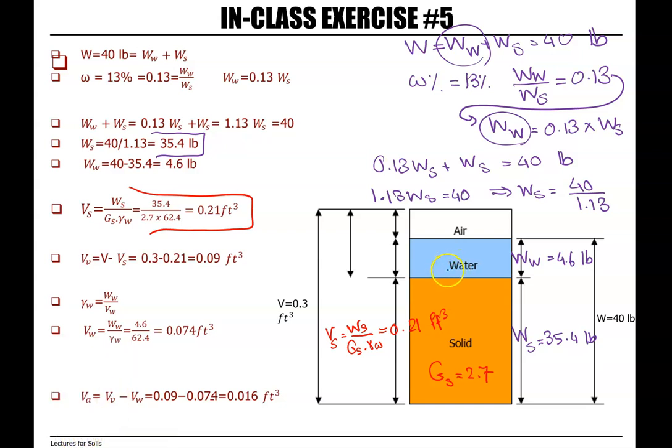We also know that unit weight of water is 62.4 pounds per cubic feet. So you can calculate volume of water as weight of water divided by gamma W, which gives you 0.074 cubic feet.